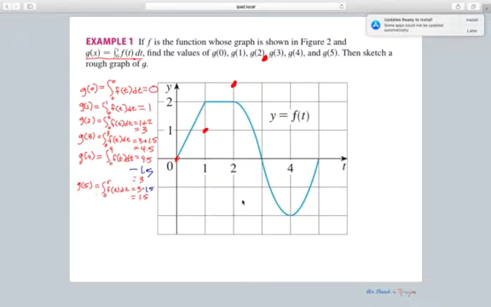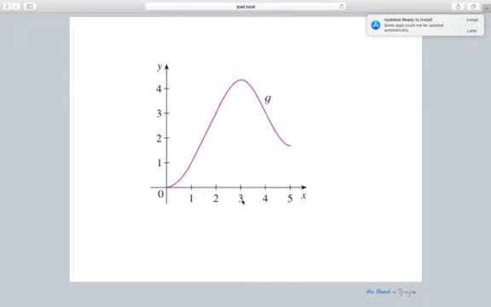G of 4 is back to 3, and G of 5 is 1.5. Right about there. So you can imagine we found these discrete points, but g of x is going to be a continuous function, and it's going to look something like that. All right. So there's a better drawing than mine.